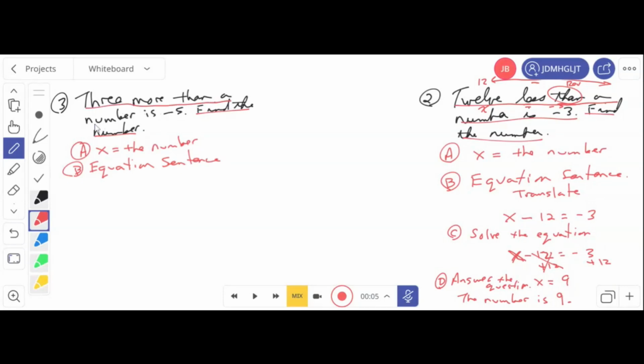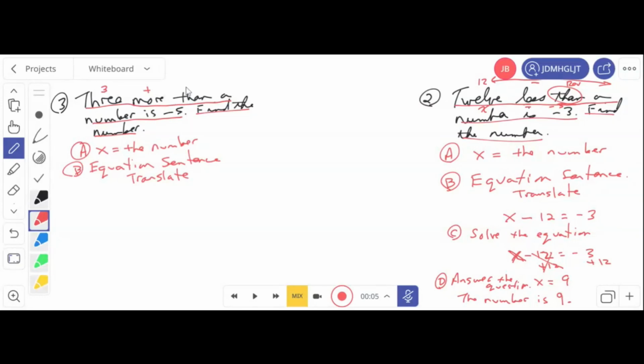Three more than a number is -5. That's our equation sentence. Translate it into algebra. 3 means the number 3.